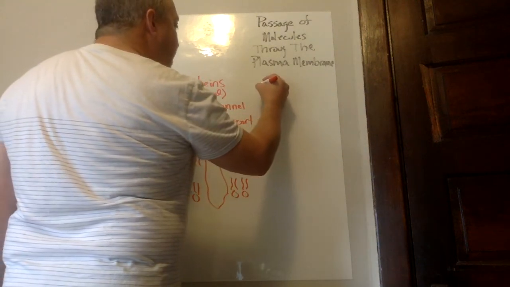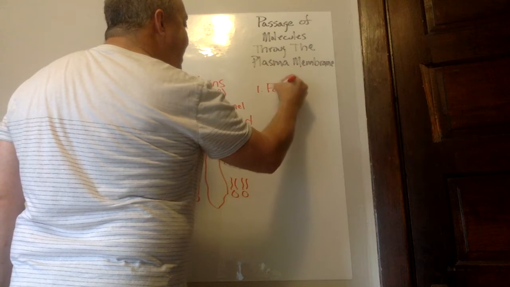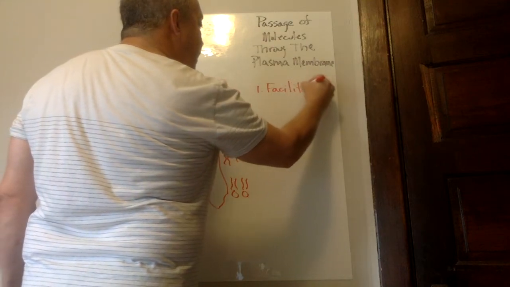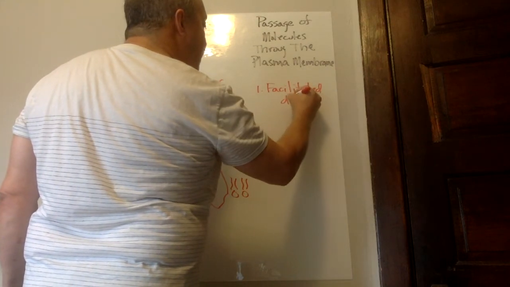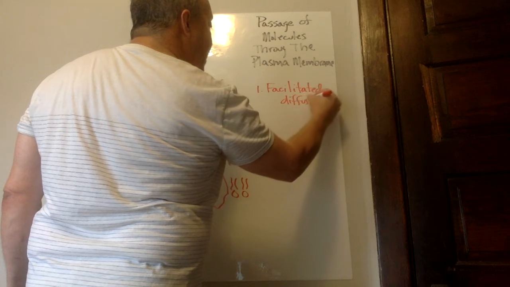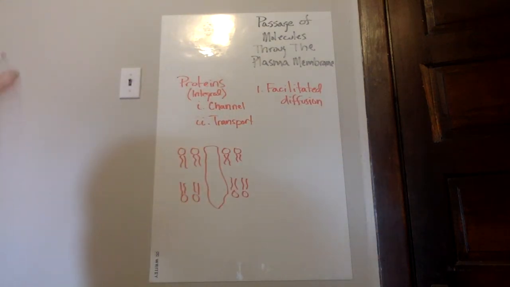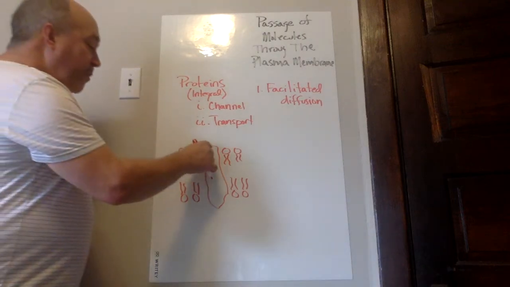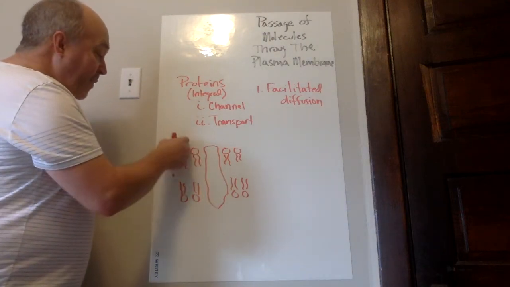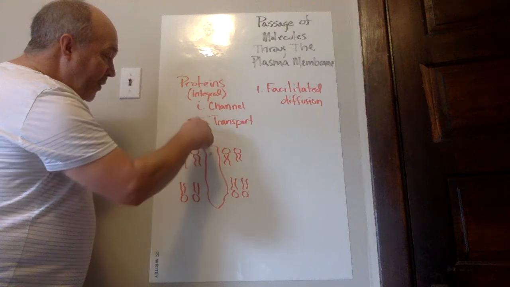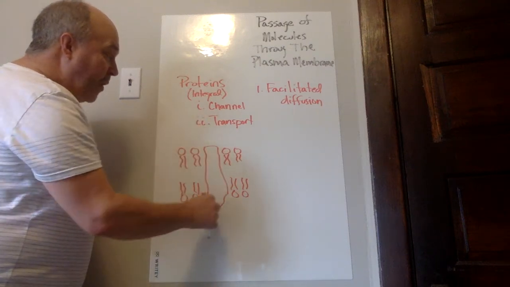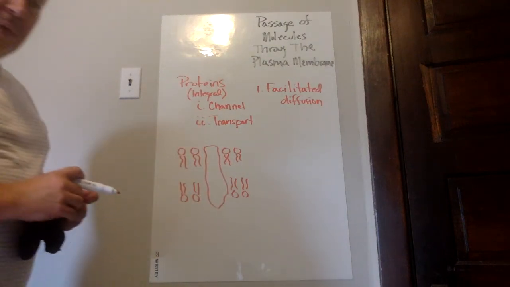One of these will be facilitated diffusion. Remember, facilitated diffusion is when we use a protein to move stuff in and out. So now instead of moving in between the spaces of the phospholipids, we're going to have things go in and out of this protein.